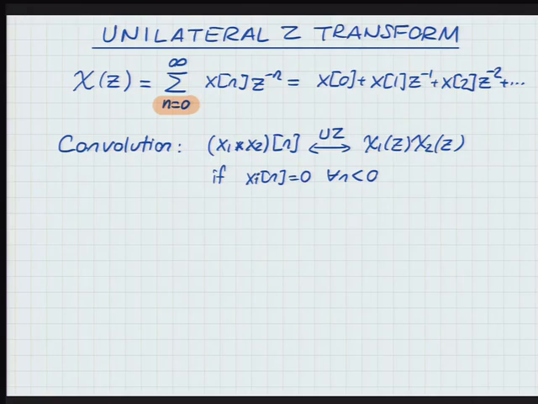So I'm just going to say xi of n, i equals 1 and 2. Okay? So that means really there's no convolution property of the unilateral Z transform, unless it happens to be the same as the Z transform, right?